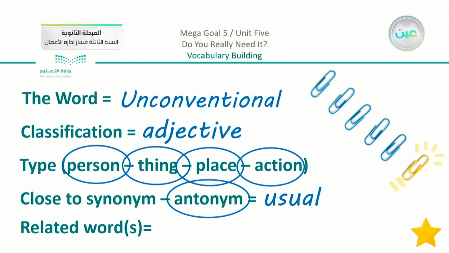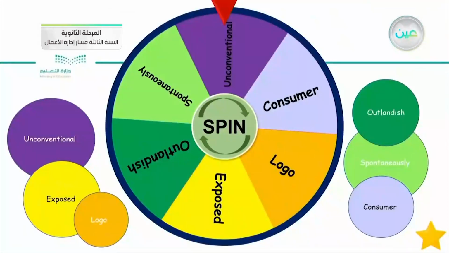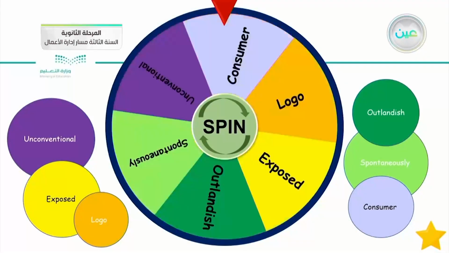This is what makes it the unconventional meaning here. And we can relate it to our strange word, which is outlandish. You can see that unconventional is very close to outlandish, but outlandish means that something is stranger. Now moving on, we have finished 3 words. Now we are going to see what else we have here.